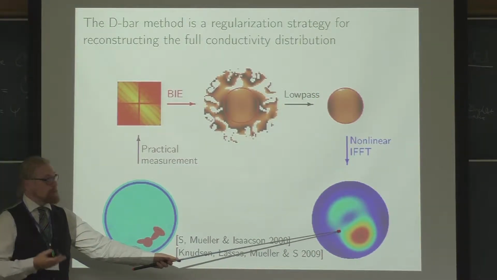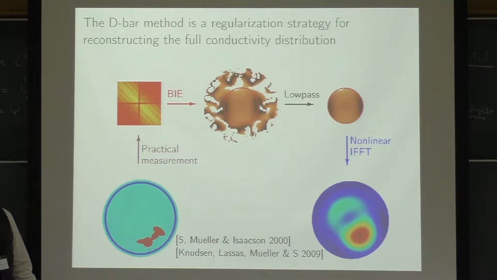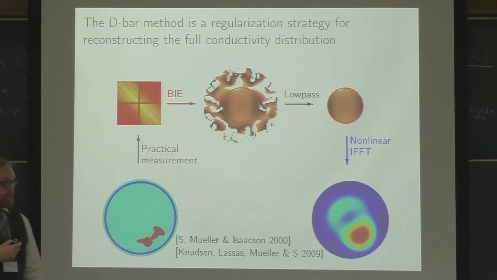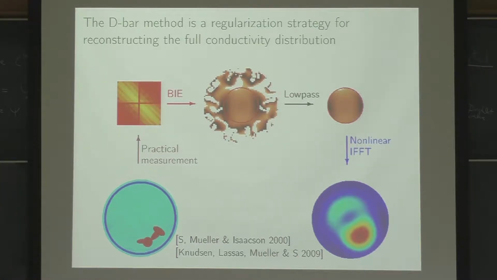Even if there is noise in the data and all the ill-posedness, no existence, no uniqueness, no stability, still, if there's a regularization strategy, we can get an approximate image which is robust against noise. We found out that yes, this is the case actually. Our first results were in this paper in 2000, and then in 2009 we could provide a proof that this is a regularization strategy. So this is the overall picture of what's going on.